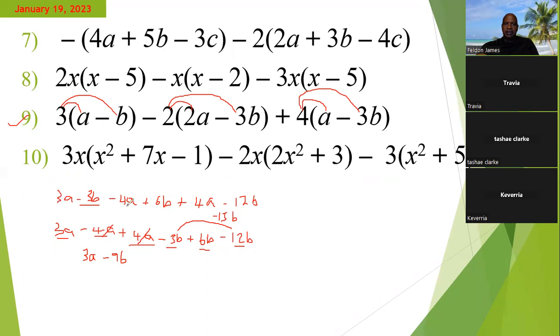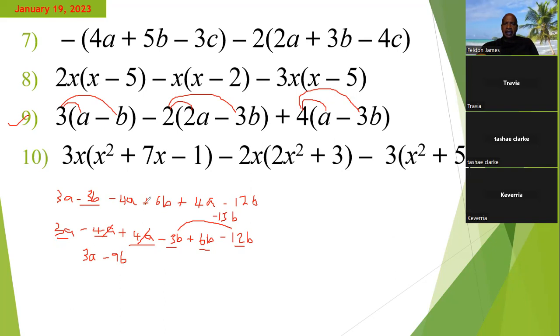So the expansion part at the top here, are you okay with that? Yes, sir. And down here now, we are grouping like terms. So we group all the A's together. So you have 3A, then minus 4A, then positive 4A. Are you seeing that so far?